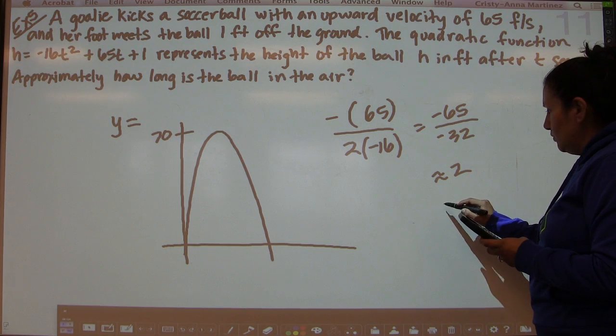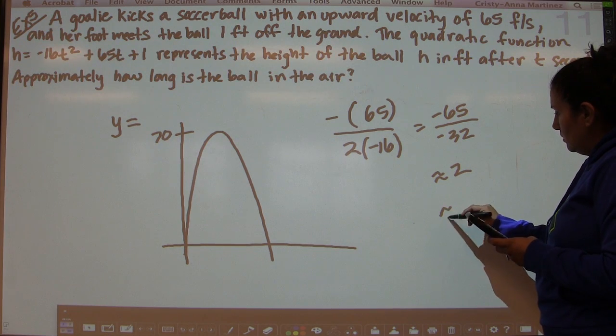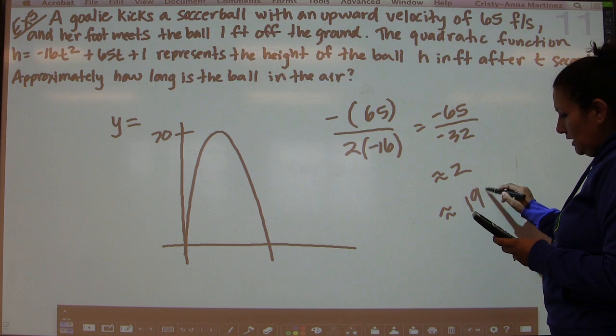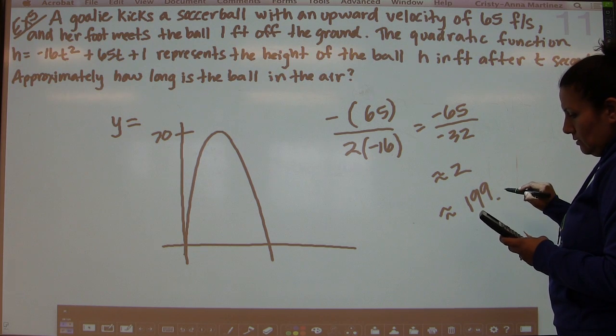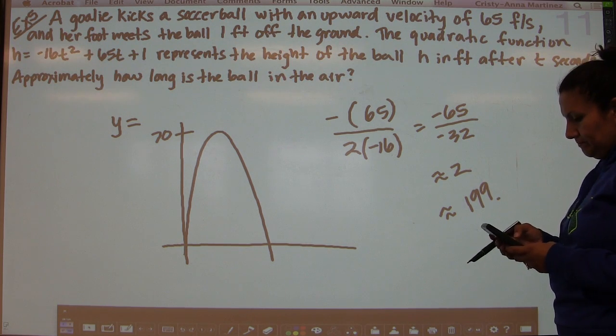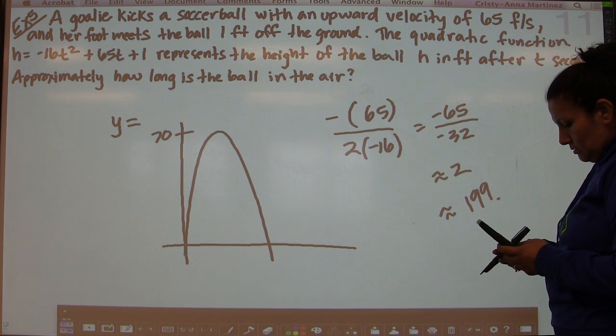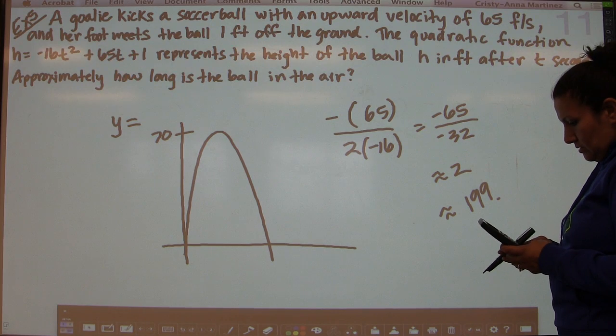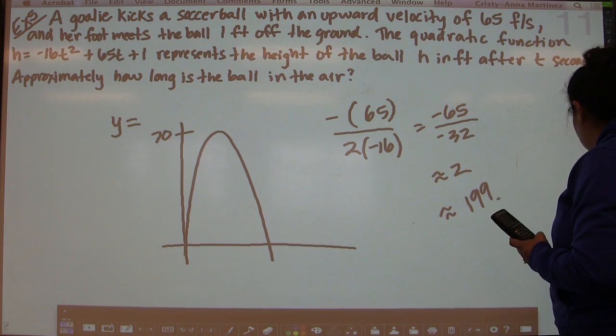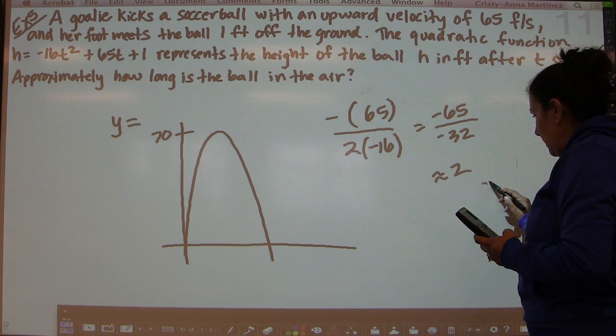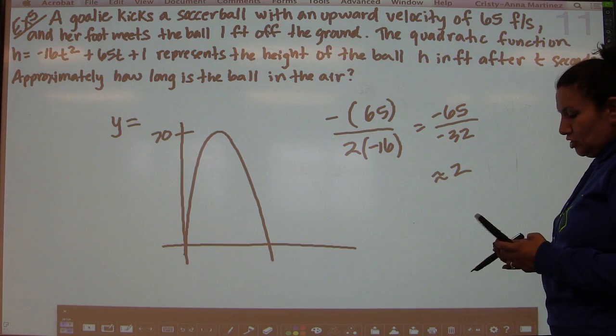The y value is approximately 199. Oops, I'm sorry. It's not negative 199. I forgot to put negative in my answer there. So I'm going to plug the 2 back in.